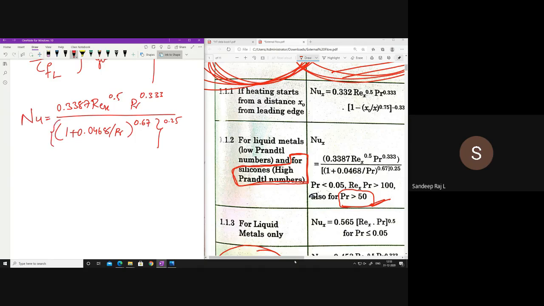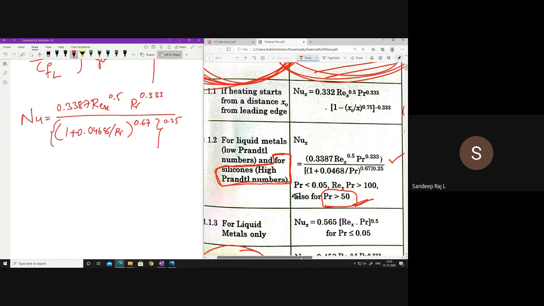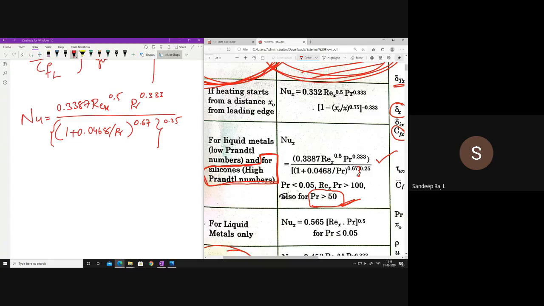This is how it should be written. There seems to be a mistake, so kindly correct it. A simple thing, you will understand that. That's how the Nusselt number should be calculated, and then you will get the h value here. So this is for the high Prandtl number case.